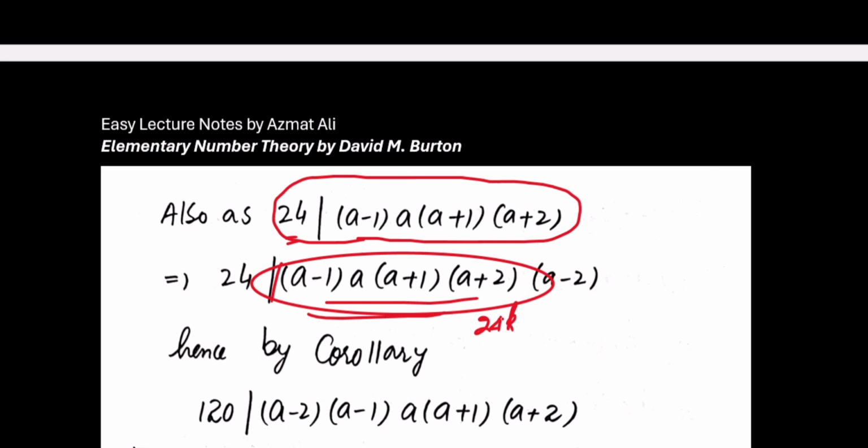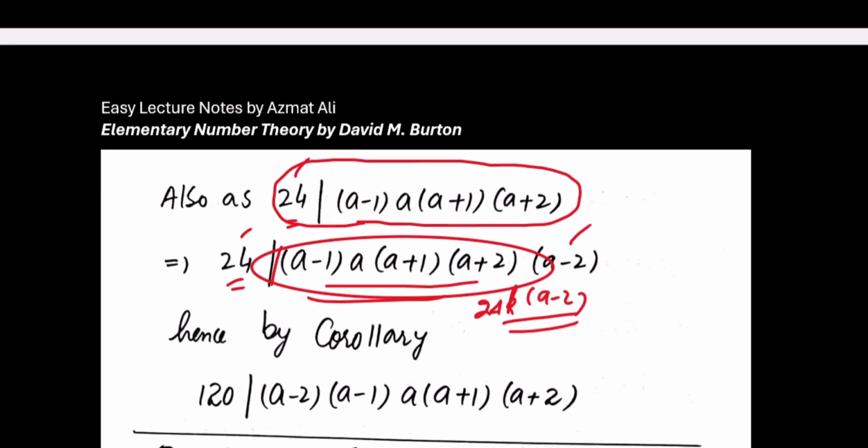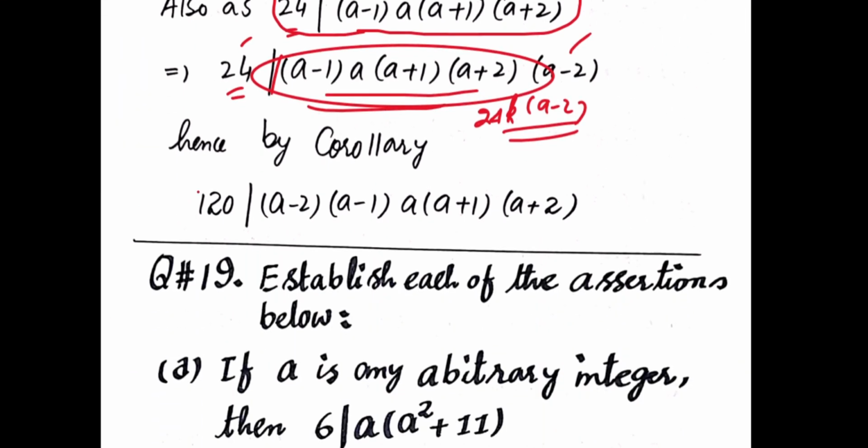So when you multiply 24k with a minus 2, the final product will always be divisible by 24. So we can say that if any 4 consecutive integers are divisible by 24, and we multiply this product with another factor, the fifth factor, then the product of those 5 consecutive integers will always be divisible by 24. Hence, by the corollary, we can say that 120 divides the product of these 5 consecutive integers.